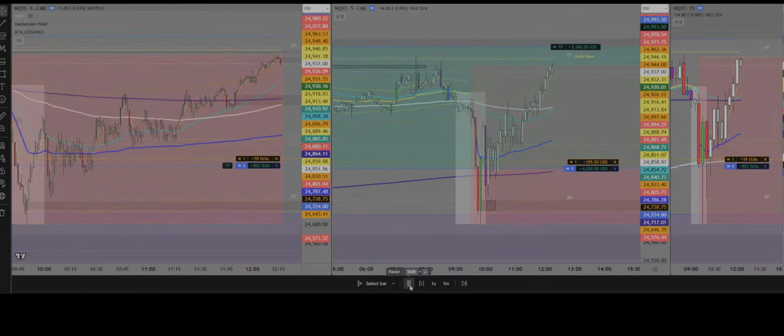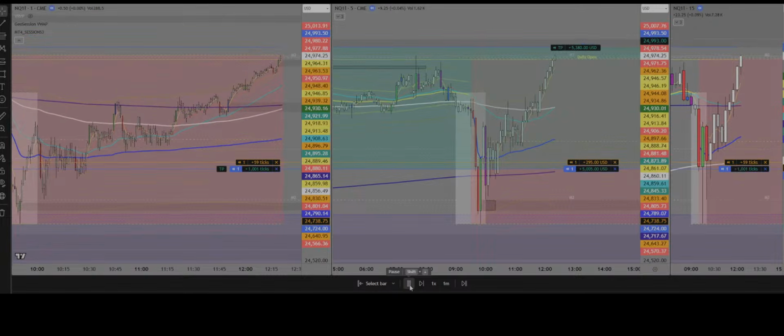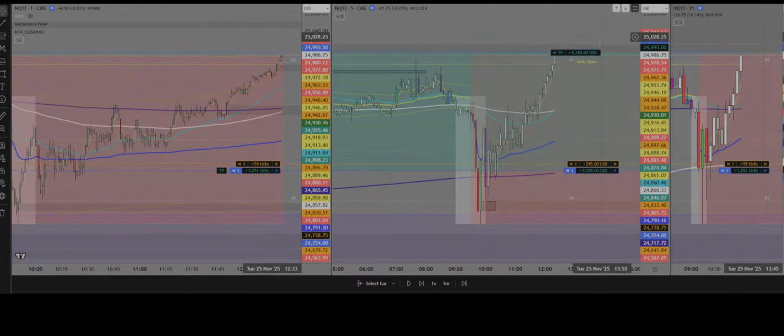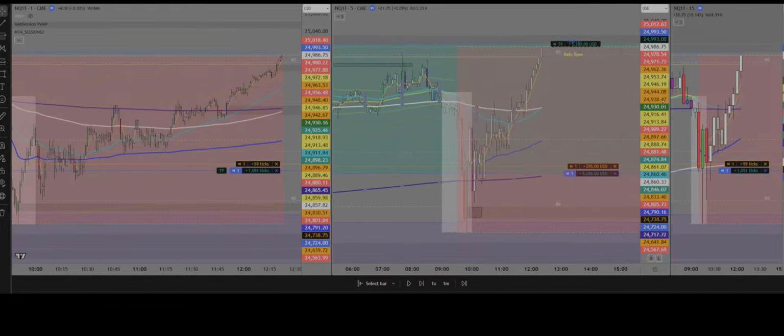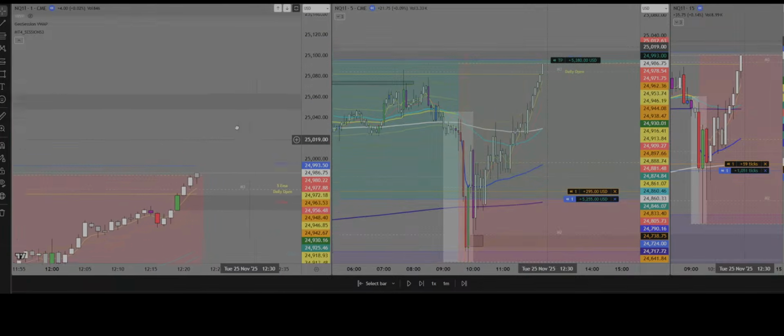We'll see if I can take out daily open or not. Is that close enough to the target point here? Hey, it's only on one side.